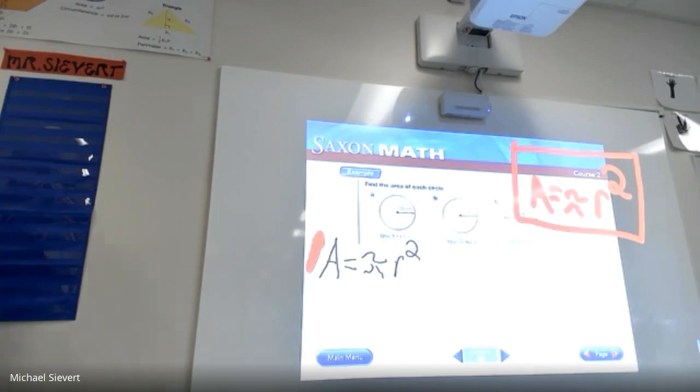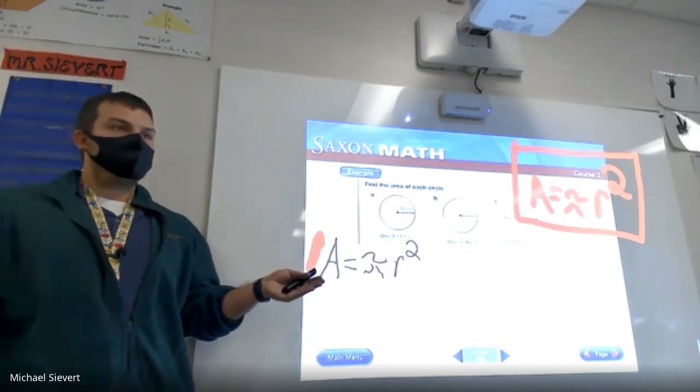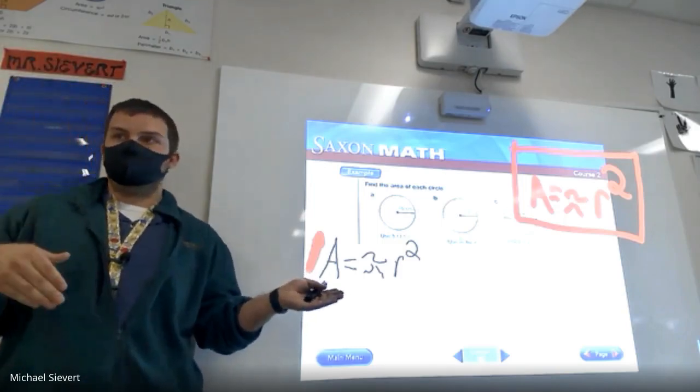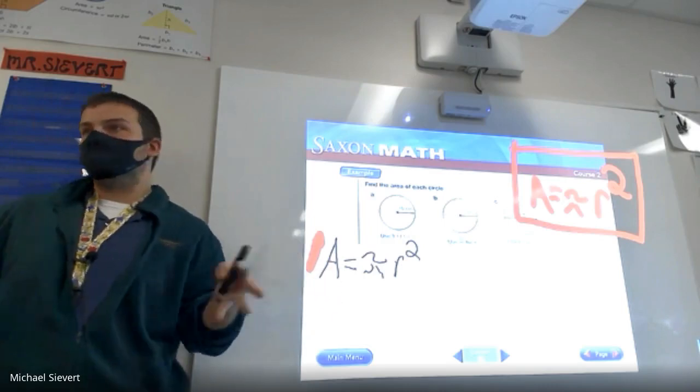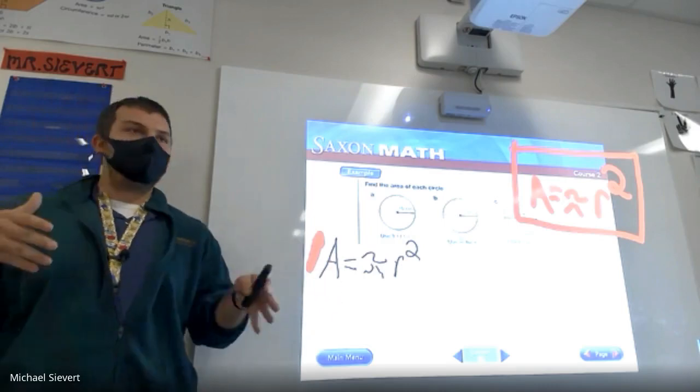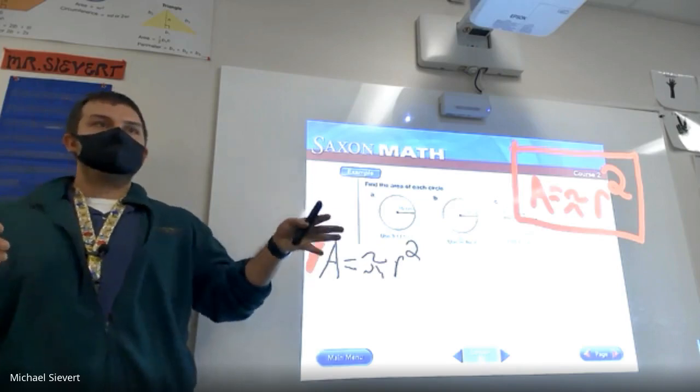Now, I want to review what square means, because a lot of people, I've even seen it two weeks ago, some people still don't understand what square means. Does square mean 6 times 2?